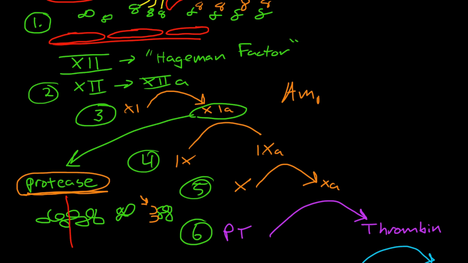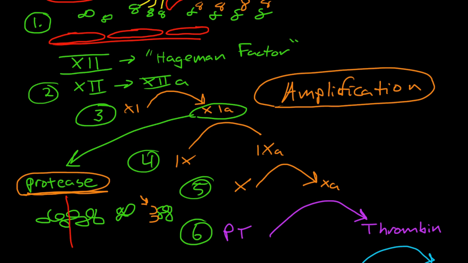Okay, and if you can imagine, the reason why we have so many steps is because it's a system of amplification. Now, I used to use the example of a phone tree, but I think the technology is such that people aren't going to understand that as well. So I think the analogy that works well is a viral video, where you've got Hageman factor that maybe creates a little video of some damage to a blood vessel, and it looks very fascinating.